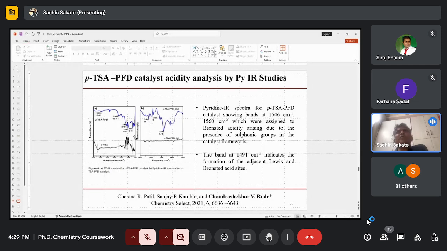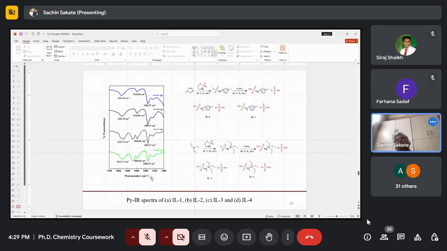Now this is one more material, but I would like to highlight this also, one of the best papers of our group, a recent publication in Chemistry Select. Here, ionic liquids are a beautiful class of chemistry that do wondrous reactions. These are imidazole-based ionic liquids with sulfonic acid.